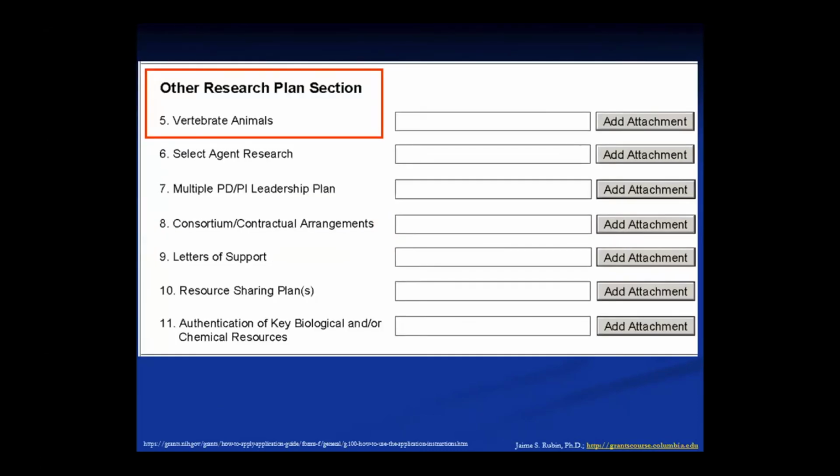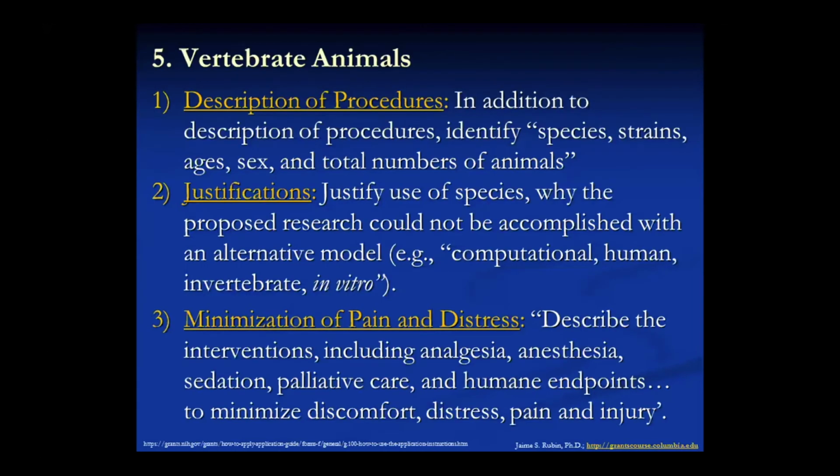Just to go through these other sections, vertebrate animals. For those of you that do research with vertebrate animals, you probably have an approved protocol from your Institutional Animal Care and Use Committee, or IACUC, and you've probably already addressed these questions: the description of the procedures with the animals, the strains, the number of animals, and so forth, justifying the use of the species, and whether the research can be done using computational methods.